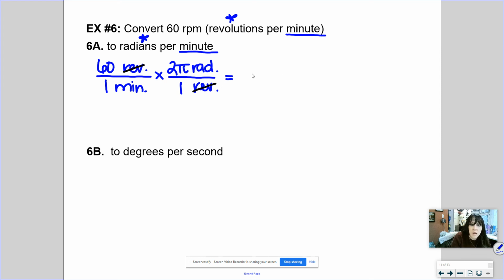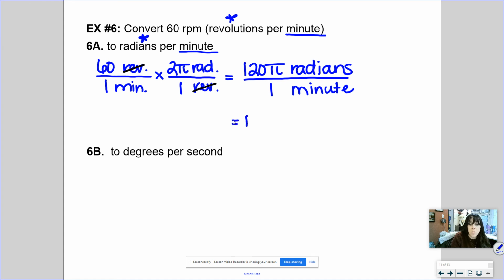So top times top would be 120 pi radians over 1 minute, and 120 pi divided by 1 is just 120 pi. So we'll call it 120 pi radians per minute.